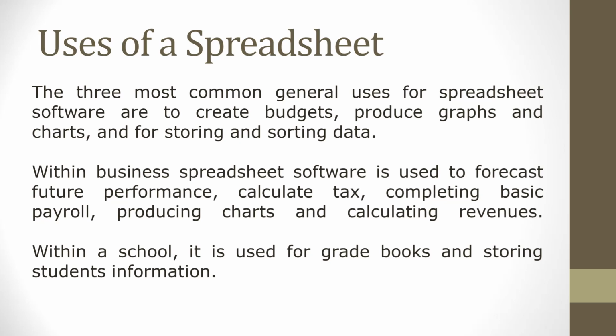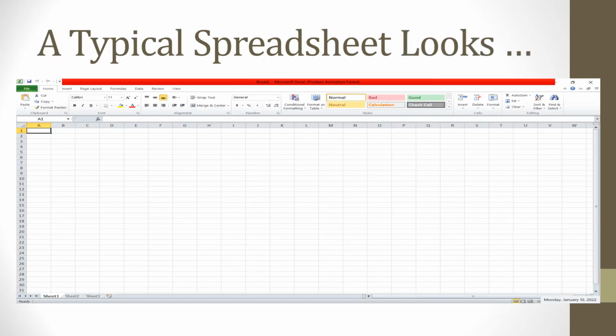Forecast means to predict, just as weather forecasting means a prediction of the weather. A spreadsheet is used to help forecast different things based on the values, and as you can see, there are other uses there. Within a school, it is used for grade books and storing students' information.